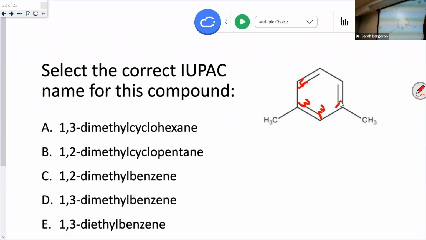We want all of our substituents to have the lowest number possible. That's right. Okay, so we have 6, so we have a ring. So this is cyclo what? Hexane. Okay, so what do we have attached to our ring? I have 2 substituents and they are both what?